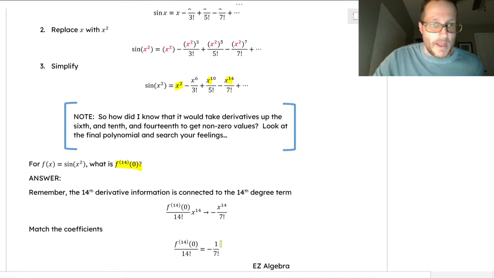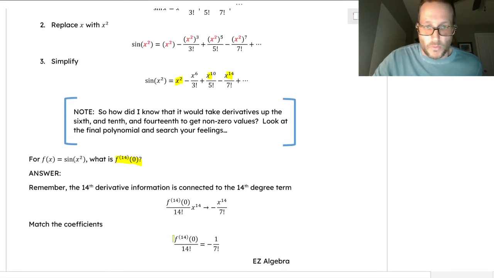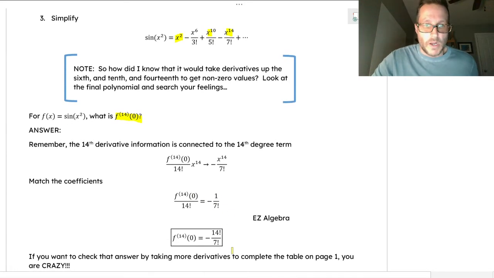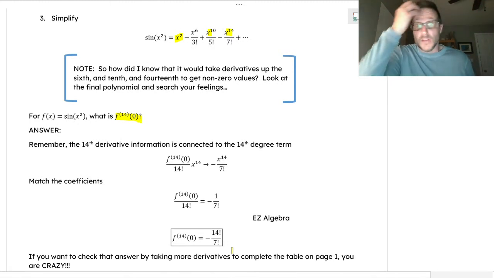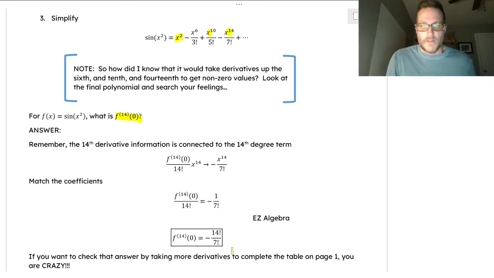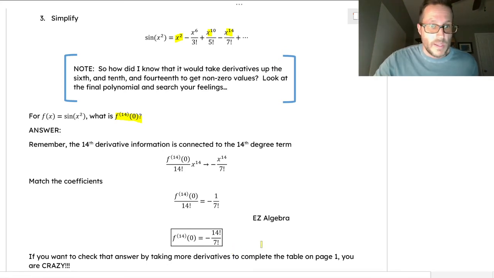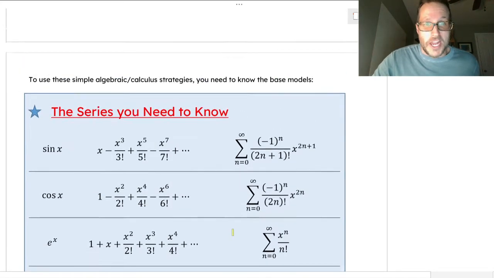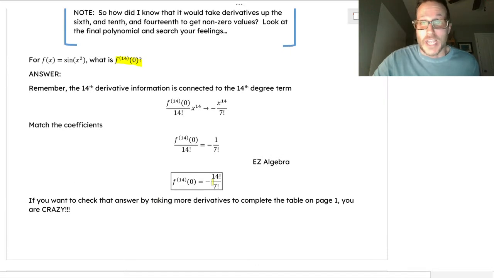So we match the coefficients: that general coefficient is equal to that specific one in the pattern. Easy algebra later, we know that the 14th derivative of sine of x squared evaluated at 0 is this critter right here, -14 factorial over 7 factorial. I'm not multiplying that out, but that's what it is. Again, you can go back and check that answer by taking 14 derivatives, and you won't. Just take my word for it.